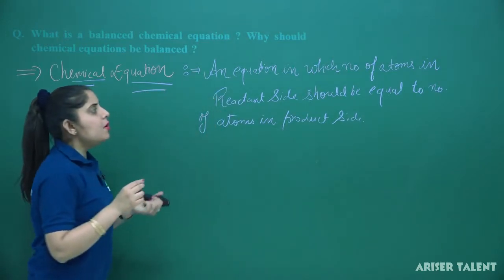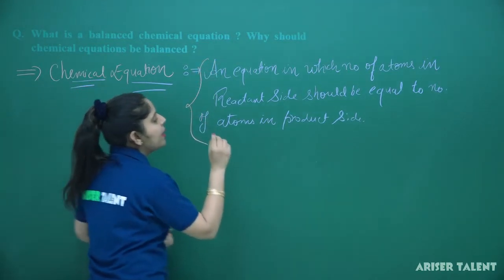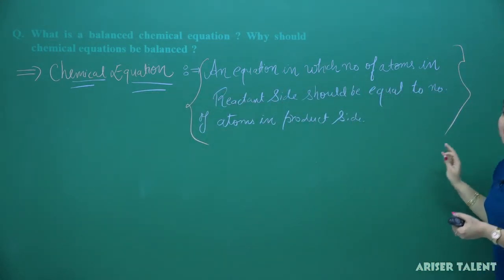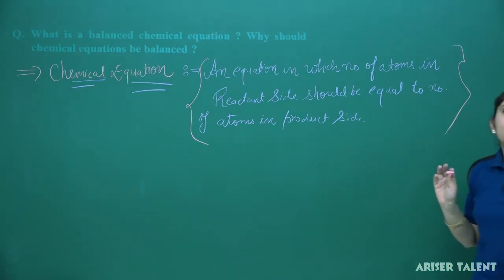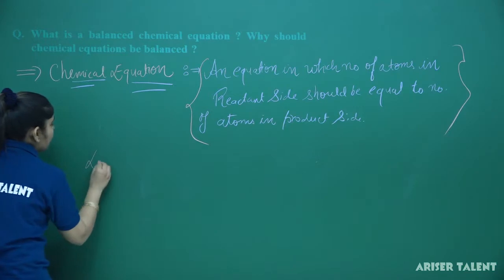So, the number of atoms on the LHS must be equal to the number of atoms on the product side, that is the RHS. So, we can say that such an equation is a complete balanced equation.